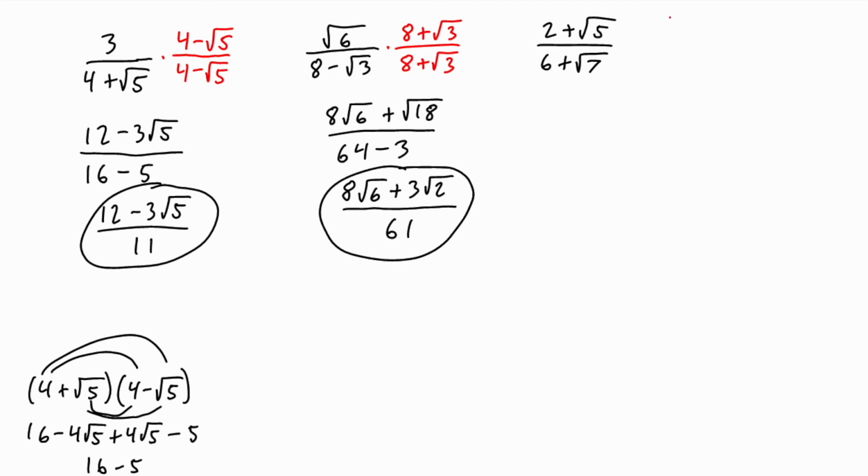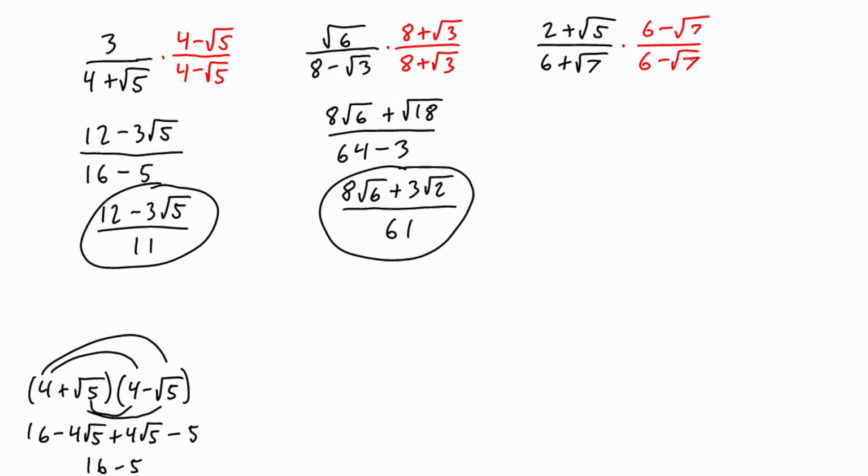And for this last one, again, we're going to do the conjugate. So 6 plus square root of 7, we're going to multiply by 6 minus the square root of 7 on top and bottom. So on the top, again, like we did when I was showing how the difference of squares works, we're going to have to multiply everything on the left by everything on the right.